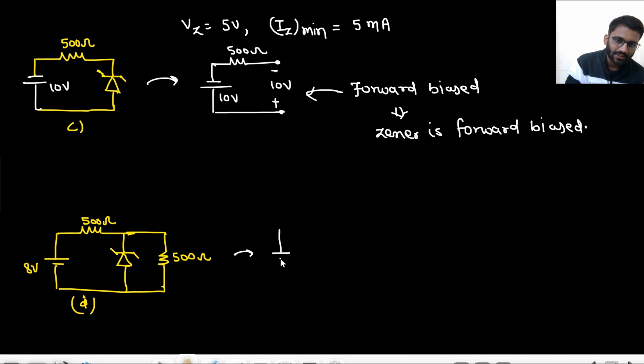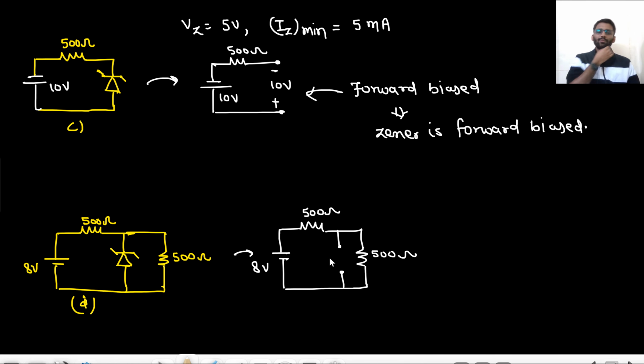If I am applying the open circuit test, this is 8 volt here, 500 ohm here, 500 ohm here, right? This is the Zener. Across Zener, how much voltage is coming? Is it 8 volt? Across Zener, only 4 volt is coming.